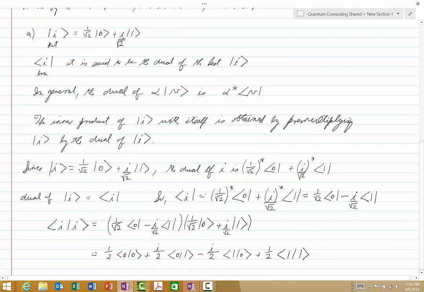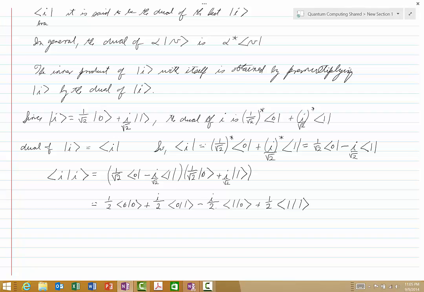Yes, I believe we're all set now. Okay, and so to finish this up, of course, 0 inner product with 0 is 1, 0 inner product with 1 is 0, 1 inner product with 0 is 0, and 1 inner product with 1 is 1.